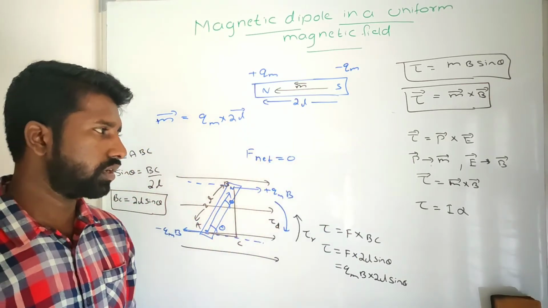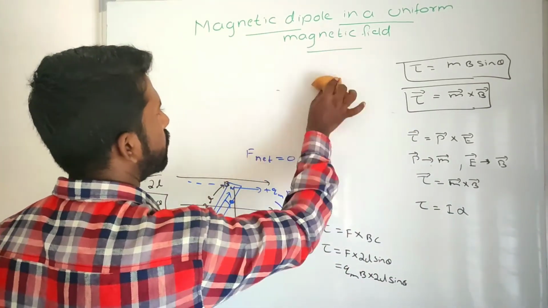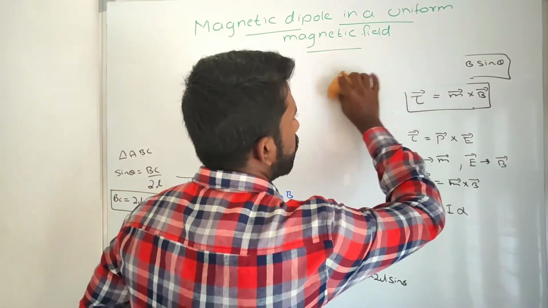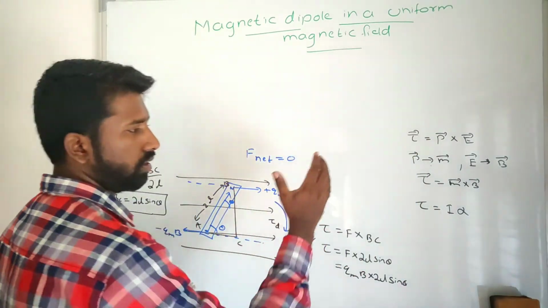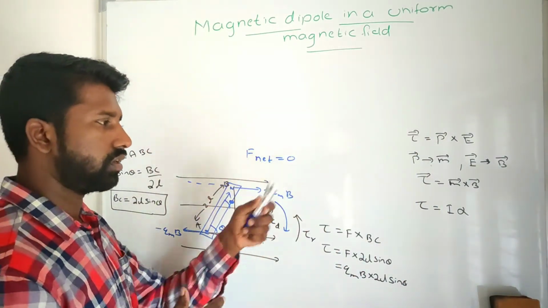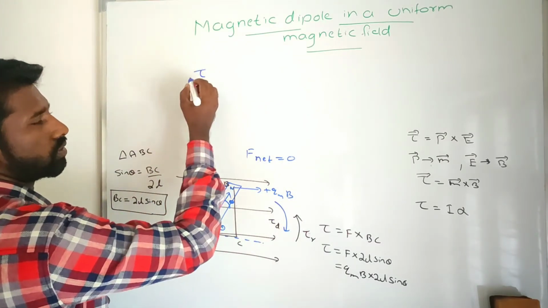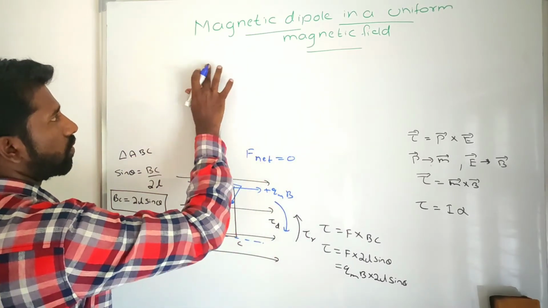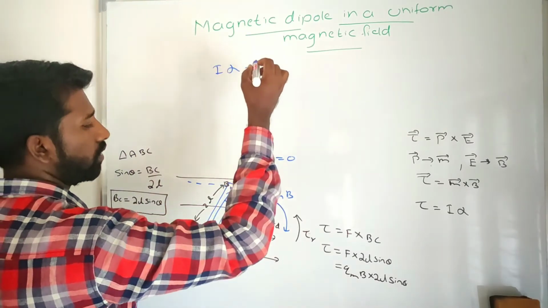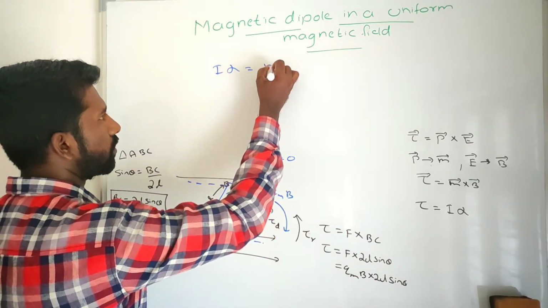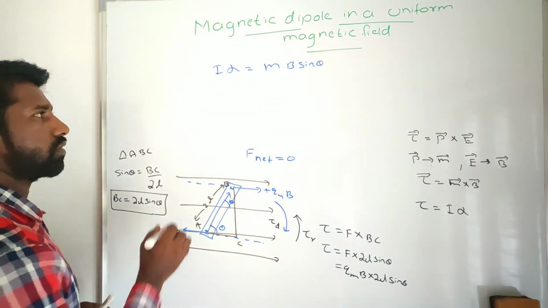That oscillation time period we can find. The time period is found out by using the equations of the deflecting torque and restoring torque. At equilibrium, the restoring torque, that is I alpha, is equal to the deflecting torque, that is mB sin theta. Okay, what is alpha? Alpha is angular acceleration.